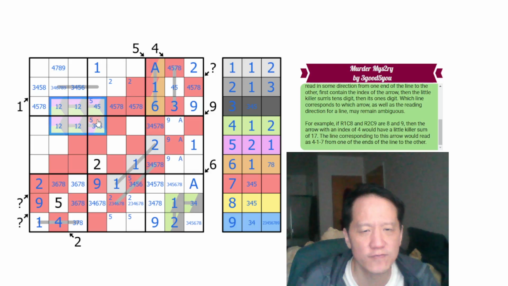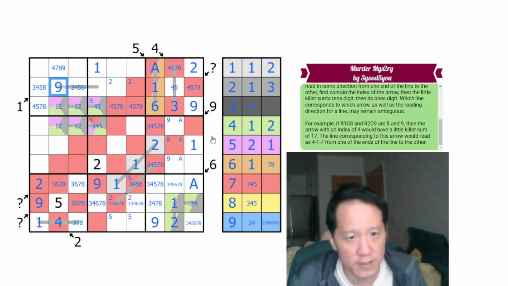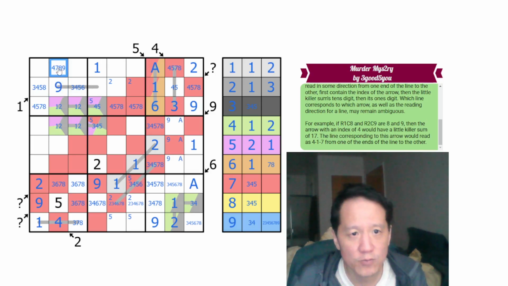These are the 2, 4, or 5 indexed lines. Well, and this can't be 9 because of this 9 or that 9. And this can't be 9 because of the same one. So this must be the 9 then. This has to be 9. Which means this cannot be 9 and 3 here.